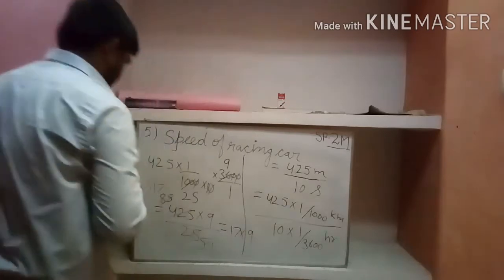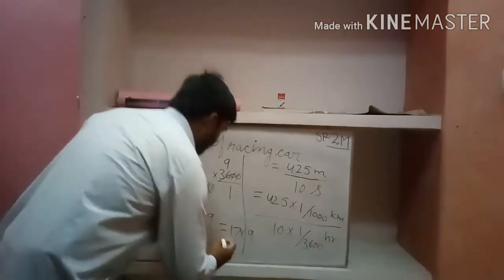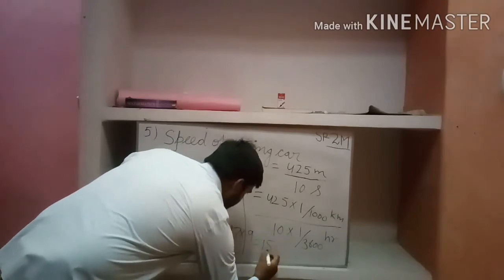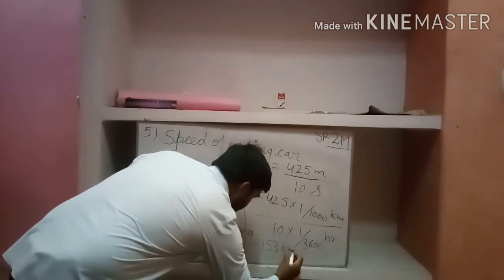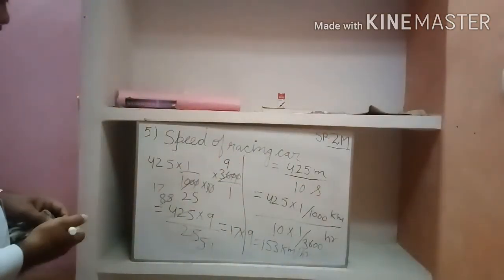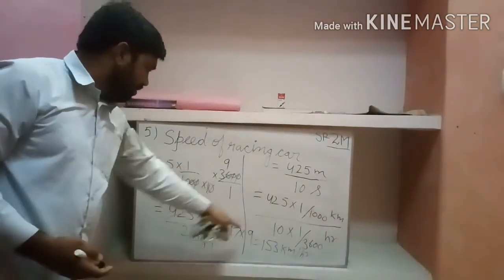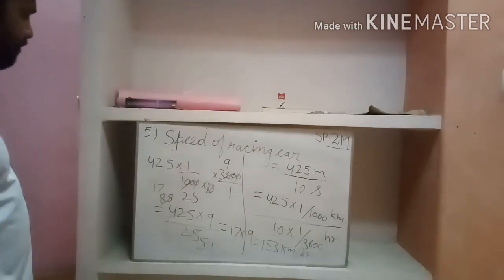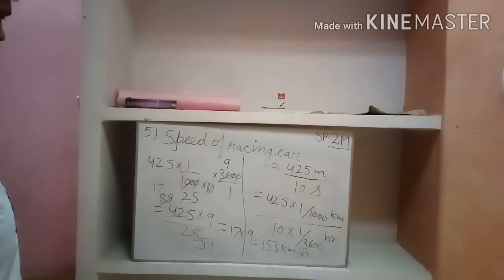That is 153. So what did we get as the speed? 17 9s are 153 kilometer per hour. So after solving, what did we get? 17 9s are 153. That is 153 km per hour, the answer for this question.